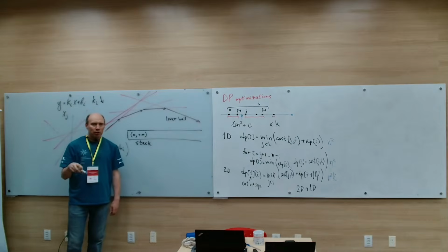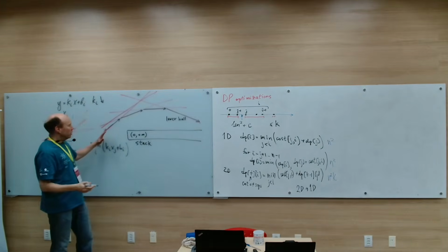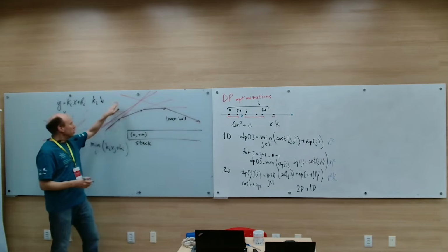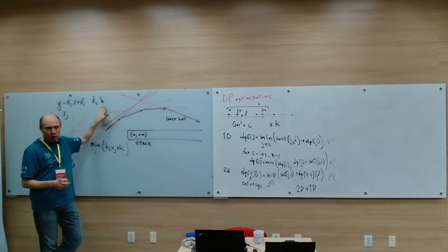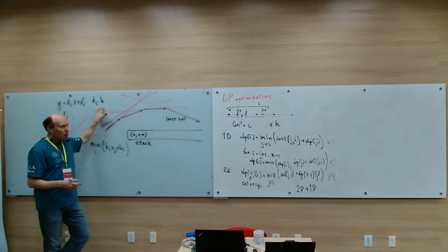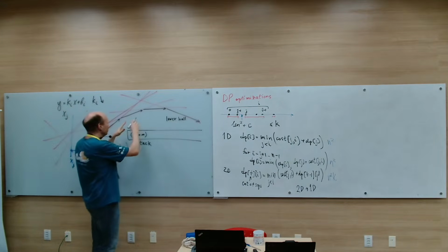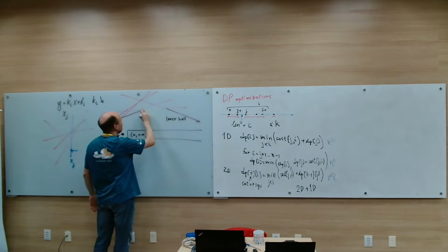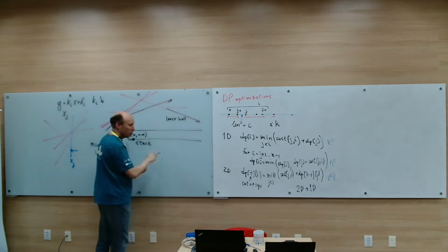Our ongoing state of the stack will be the part of the lower hull with all lines already considered. We will consider them in order of decreasing slope. For this picture, for example, if I have considered some several lines, it would be like this, for example these two.